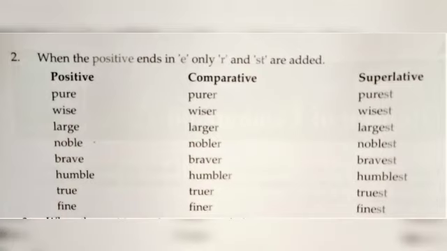Now, why aren't we using ER and EST? Because E is already there, so we need not double it. In the same manner, you can see the second example also, wise. Wise also is ending with E. So here also we have used R in comparative and ST in superlative.